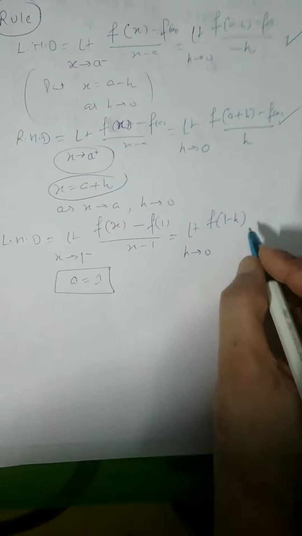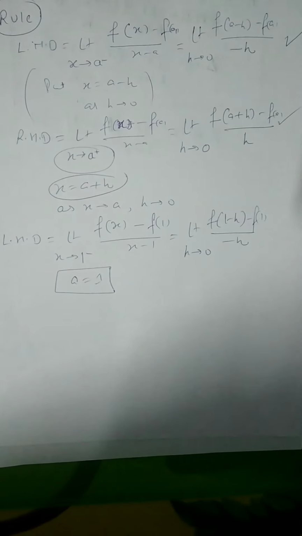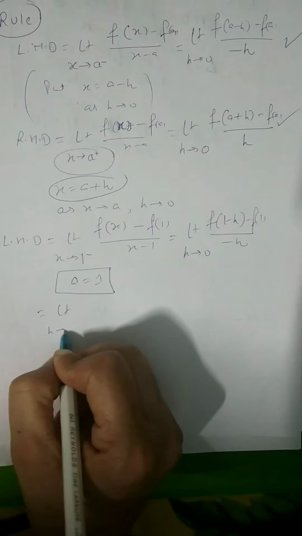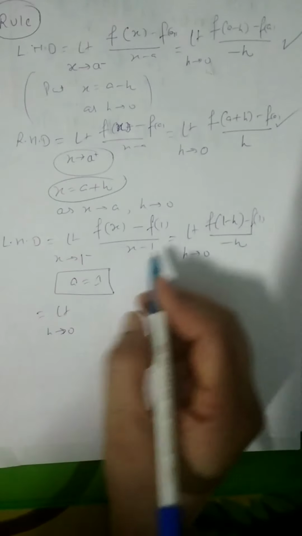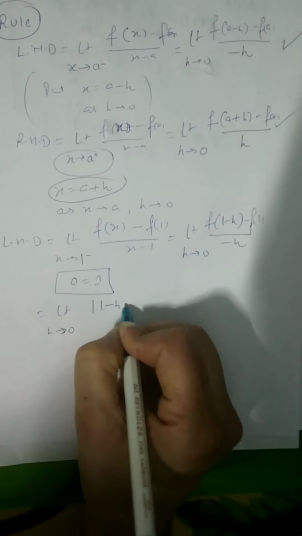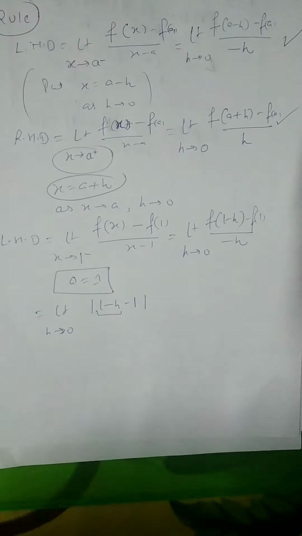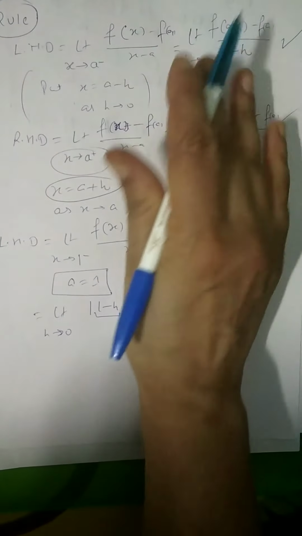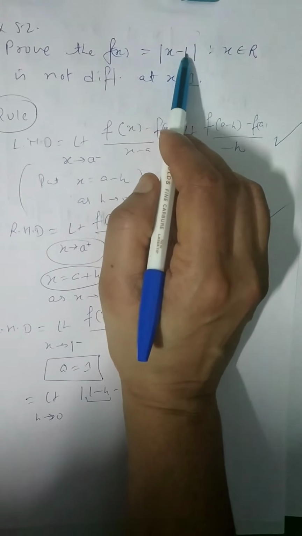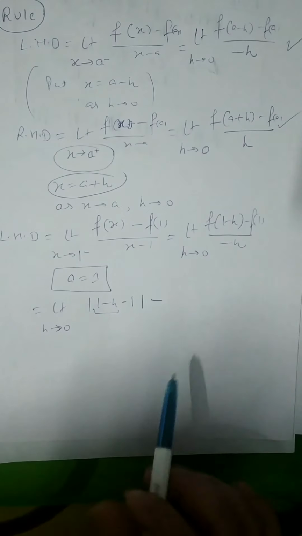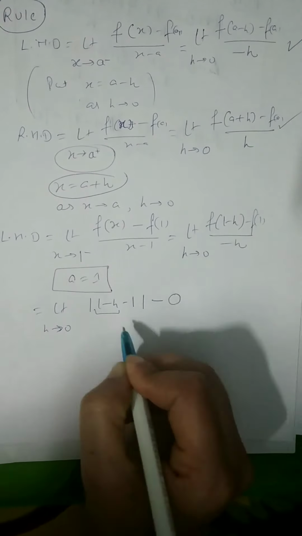To compute this limit, we have |1 - h - 1|, because x is 1 - h, and f(1) is |1 - 1| = |0| = 0. The denominator is -h. The 1 cancels with the 1, and |-h| is just h, so h upon -h is -1. This is our left hand derivative.